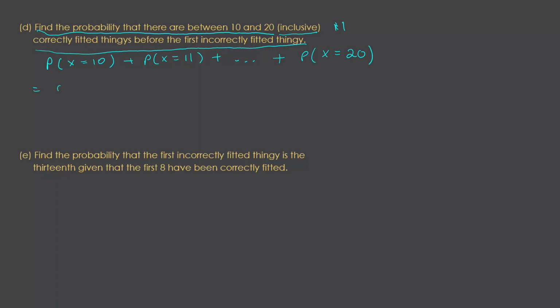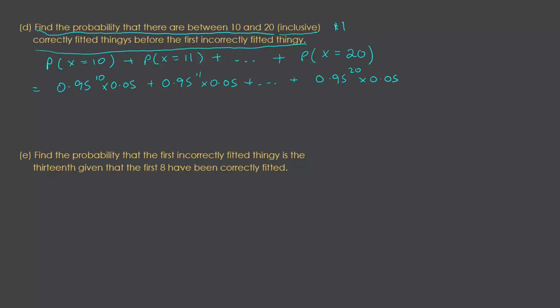Now that's 0.95 to the power 10 times 0.05 plus 0.95 to the 11 times 0.05 and so on up to 0.95 to the 20 times 0.05.